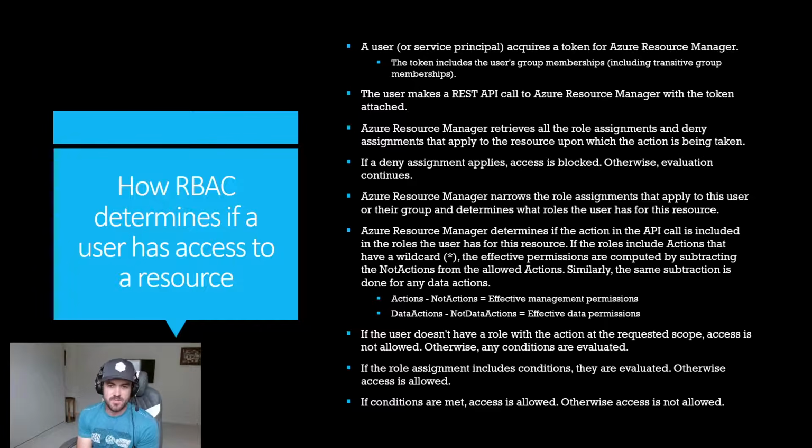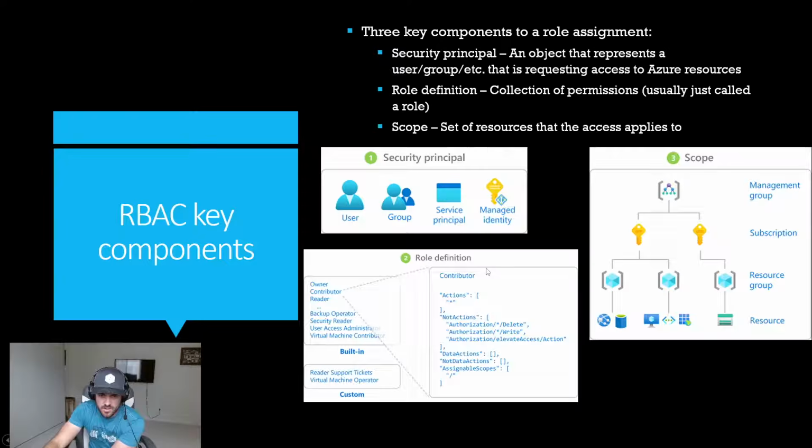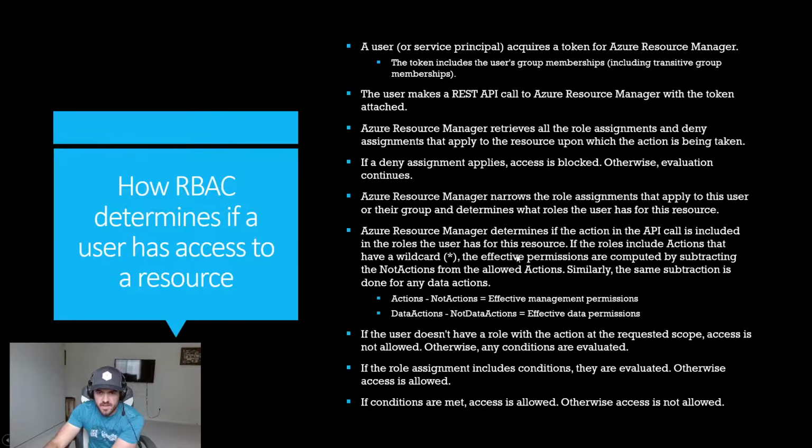Okay, Azure Resource Manager determines if the action in the API call is included in the roles the user has for this resource. Okay. If the roles include actions that have a wildcard, so right here, actions, this is a wildcard, this asterisk, then the effective permissions are computed by subtracting the not actions from the allowed actions.